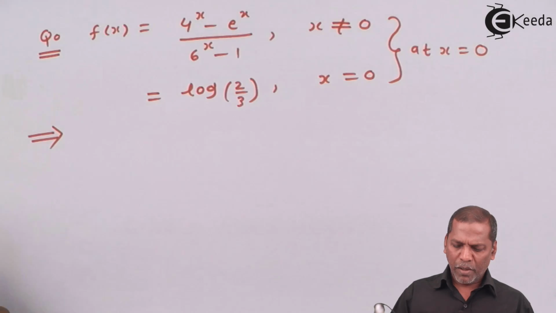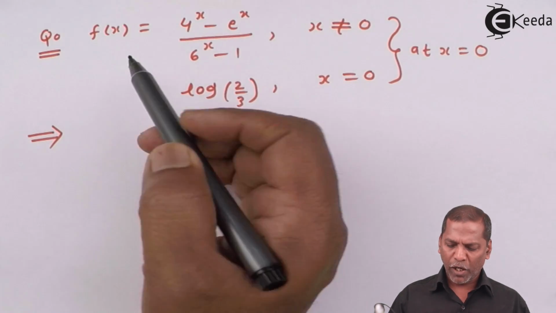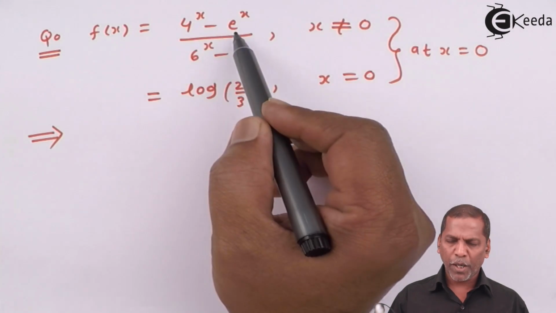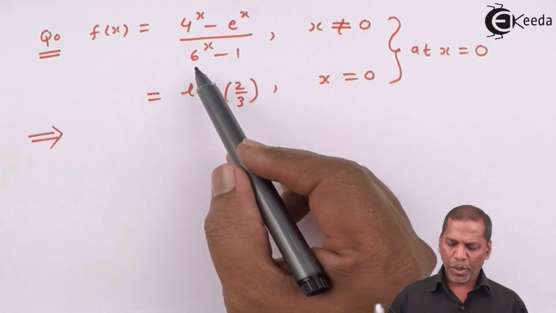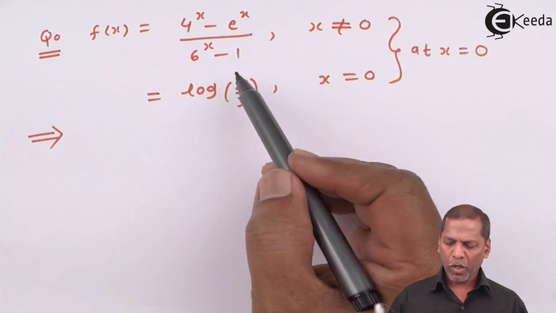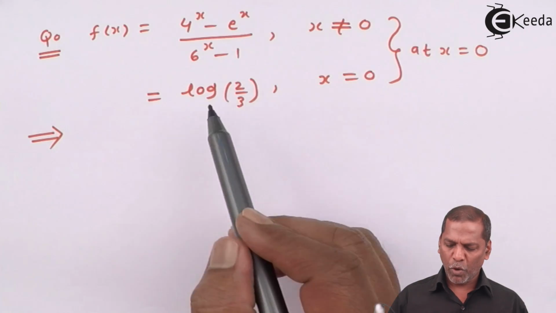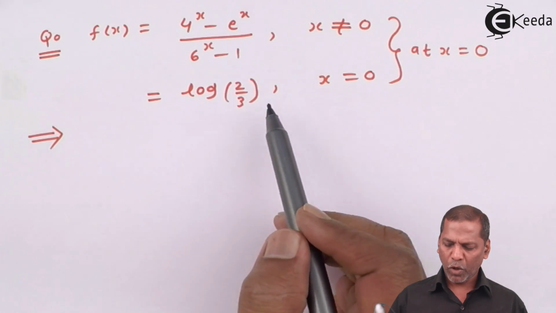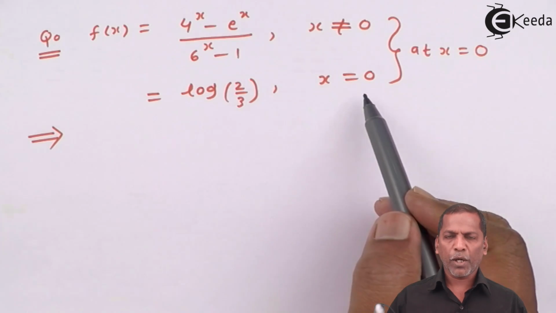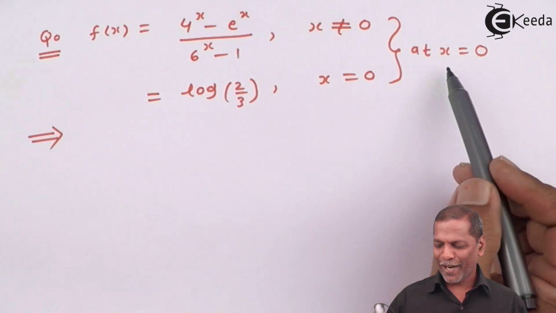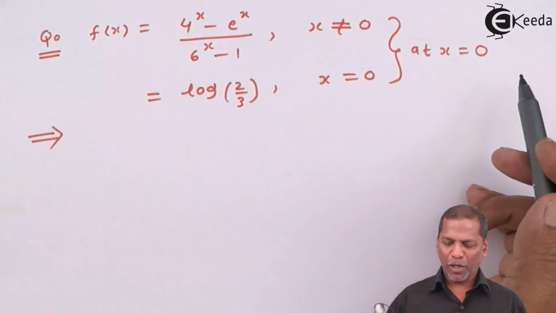The question is f of x is equal to (4 raised x minus e raised x) upon (6 raised x minus 1), for x not equal to 0, and is equal to log of 2 upon 3, for x equal to 0, at the indicated point x equal to 0.